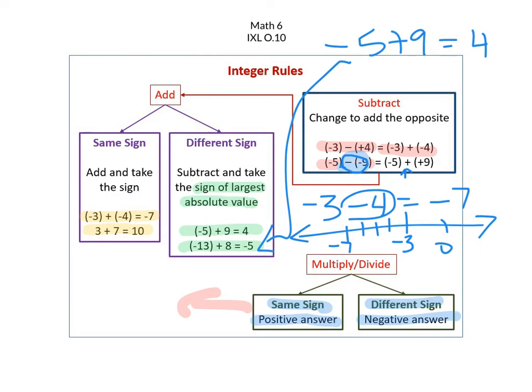Okay, so same sign. Meaning if I have a positive times a positive, I'm going to get a positive. If I have a negative times a negative, I'm going to get a positive. Different sign. If I have a positive times a negative, I get a negative.